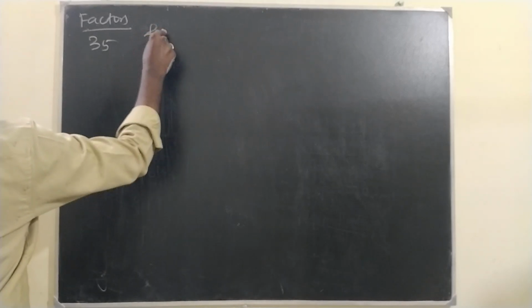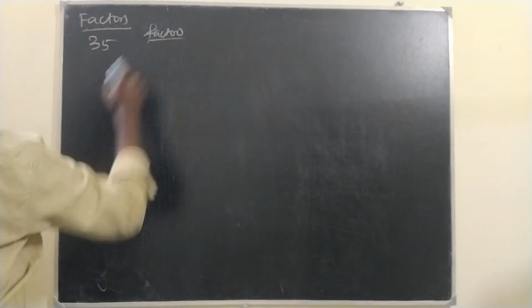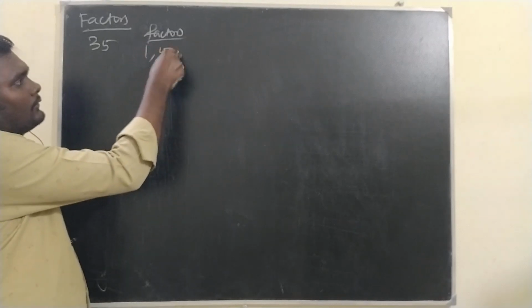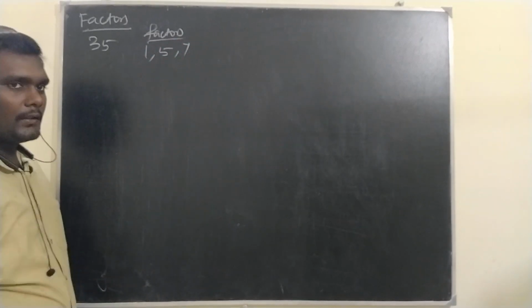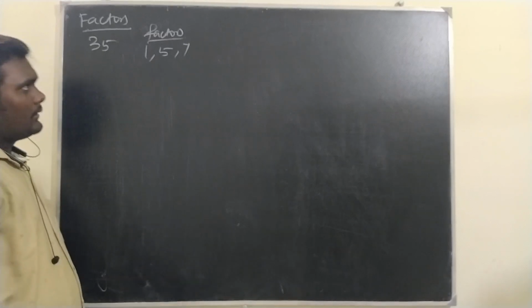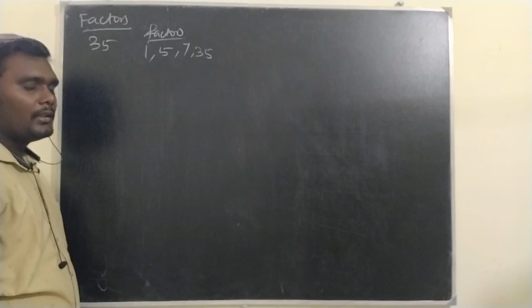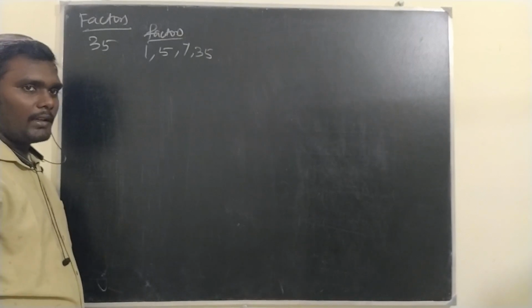What are all the factors of 35? 1, 5, 7, 35. That's all. They are all the factors of 35, because these numbers can divide this number without any remainder. Then it is a factor.